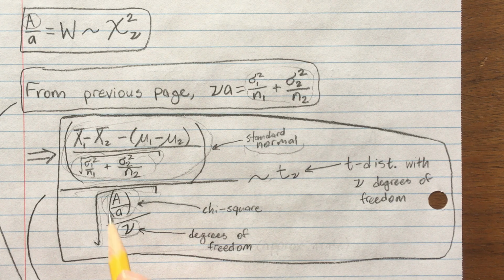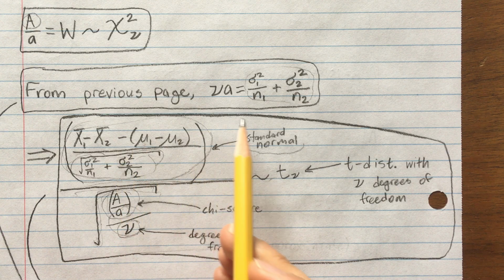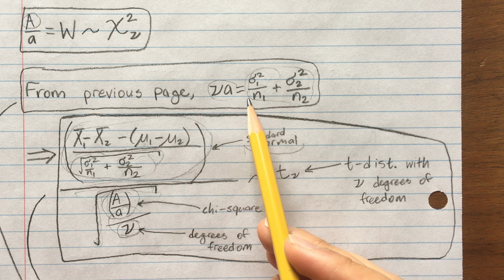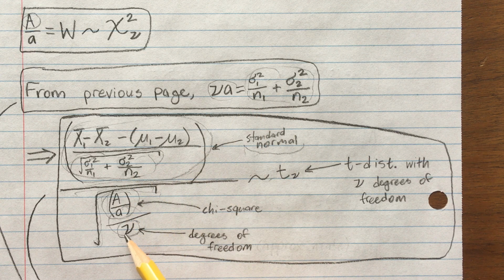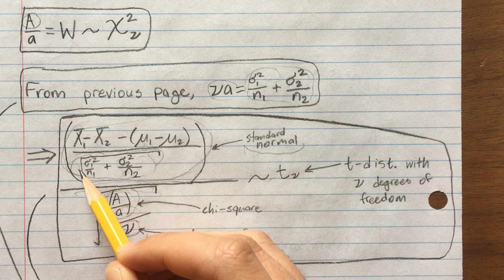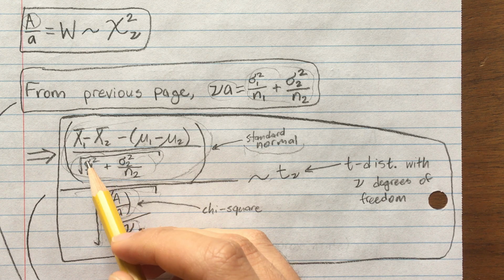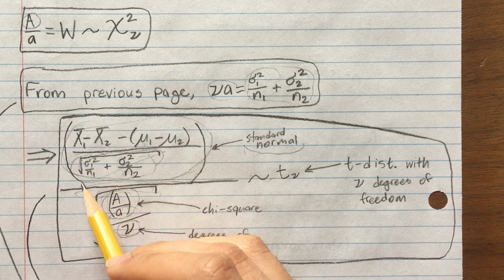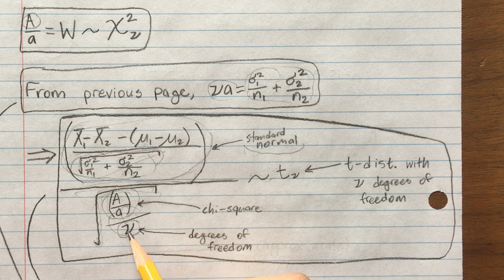Alright, and we can simplify this denominator here, A times V. Well, we already said V times A equals the square of the standard error. Take the square root of that, right? And that cancels with the standard error in the numerator, in this top part. So this cancels out with these two.